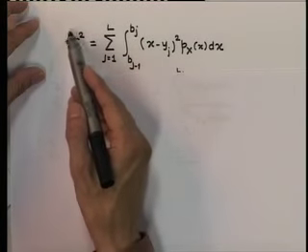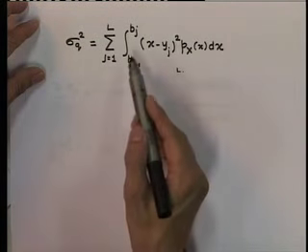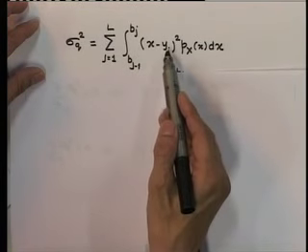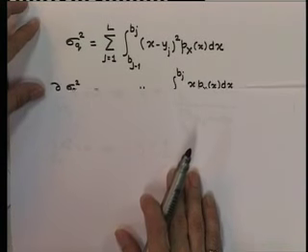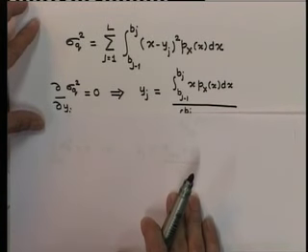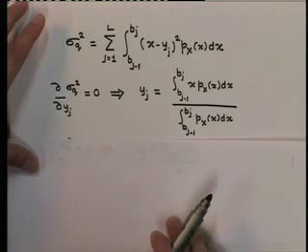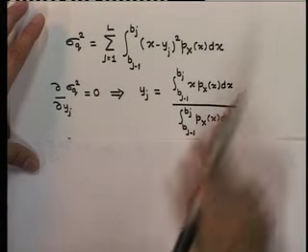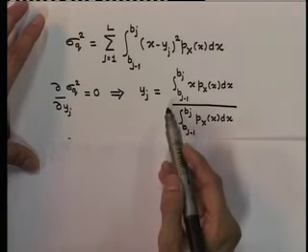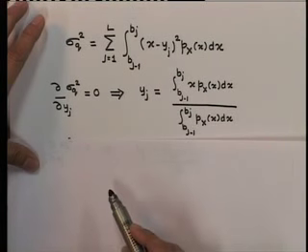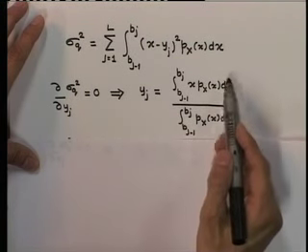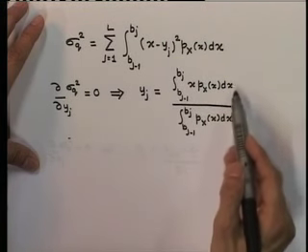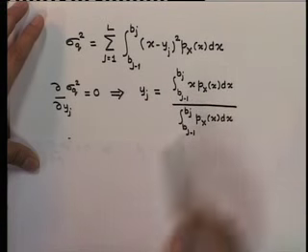Setting the derivative of this equation with respect to y_j to 0 and solving for y_j, we will get the following expression. What this expression suggests is that the output point for each quantization interval is the centroid of the probability mass in that interval.